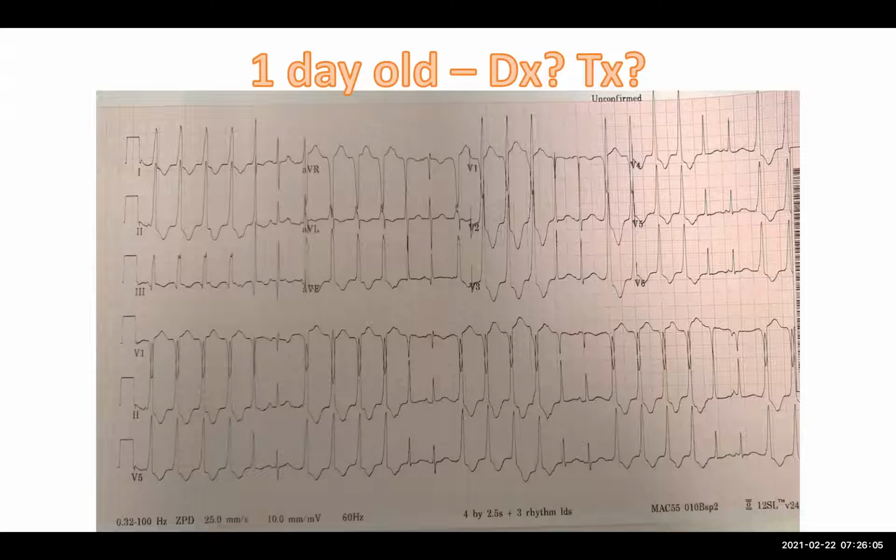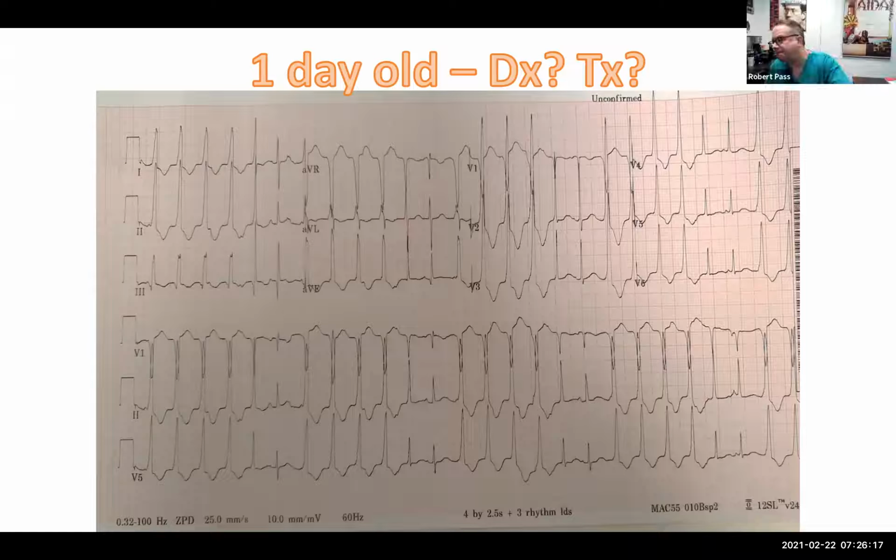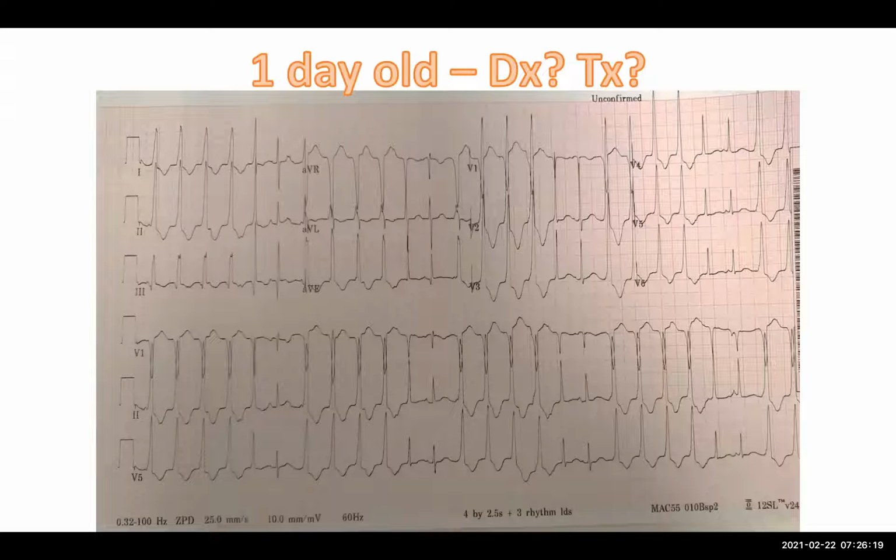So I'm just looking at the two rhythm strips on the bottom here. We have what looks like wide complex, and in terms of our rate, it looks about a little bit more than 150. So it's not too tachycardic for a 1-day-old.